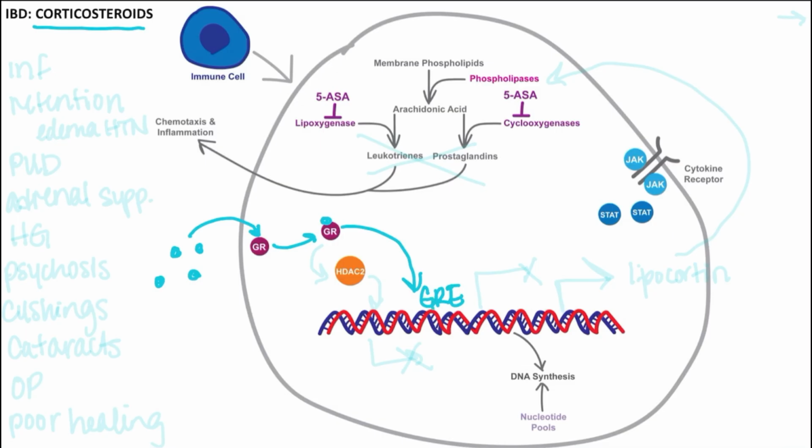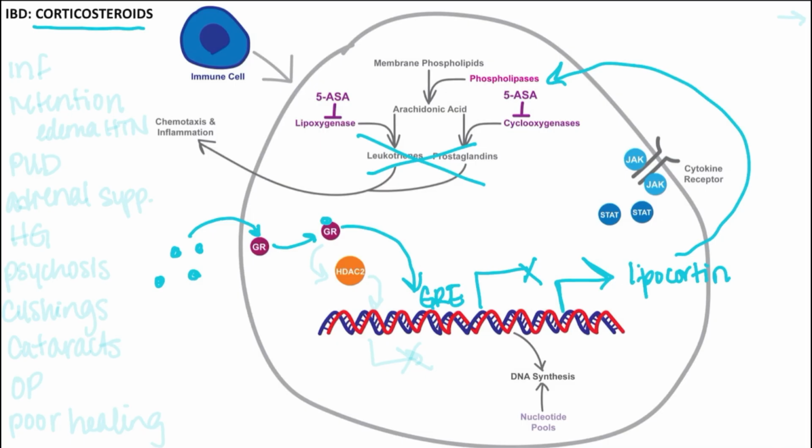This will either inhibit the transcription of pro-inflammatory genes or promote the expression of anti-inflammatory genes. And one example would be lipocortin, which can then come in and inhibit phospholipase A2, thereby preventing the formation of arachidonic acid and downstream pro-inflammatory mediators like the leukotrienes and the prostaglandins.